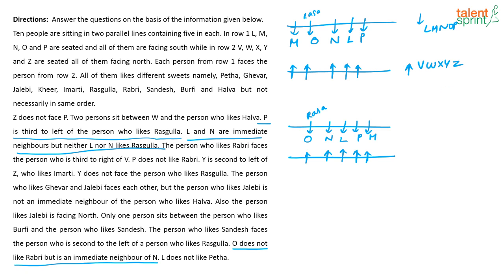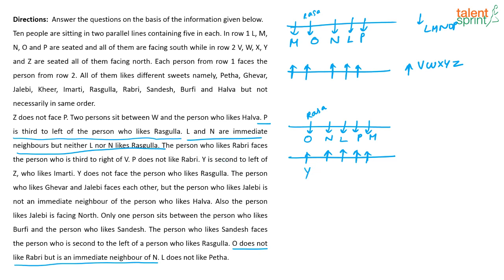Next, now what is said? Now let us look at the second row. The person who likes Rabri faces the person who is third to the right of V. Y is second to the left of Z, and Y does not face the person who likes Rasgulla.